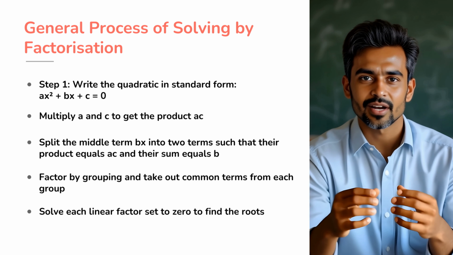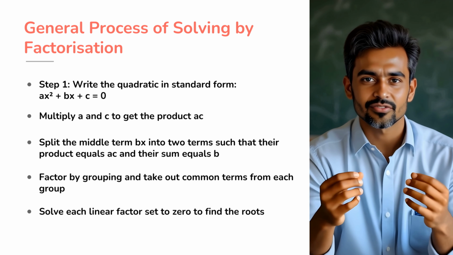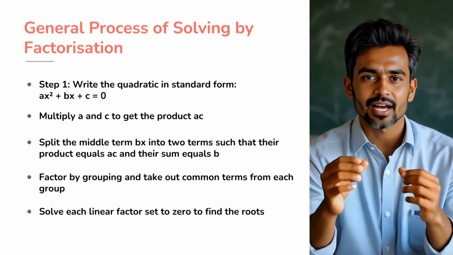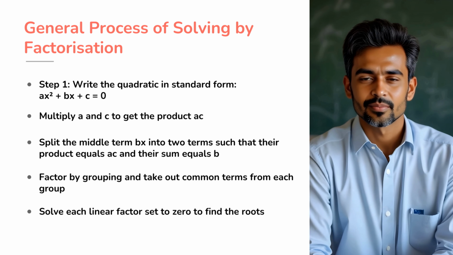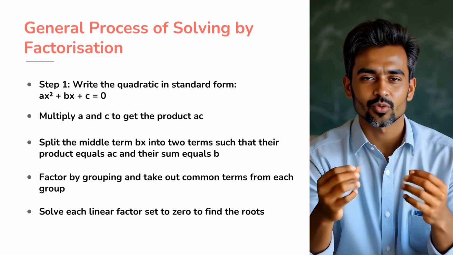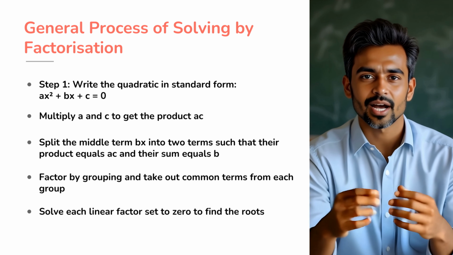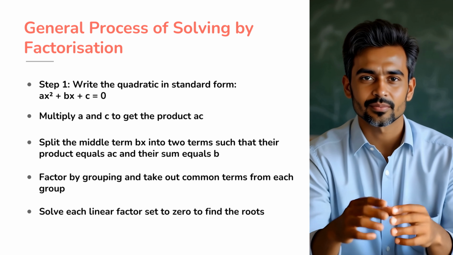This is the heart of factorization. Step 4. Group the terms, factor each group separately, and take out common brackets. And finally, step 5. Set each factor equal to 0 to find the values of x. And there you have it, the roots of the equation.